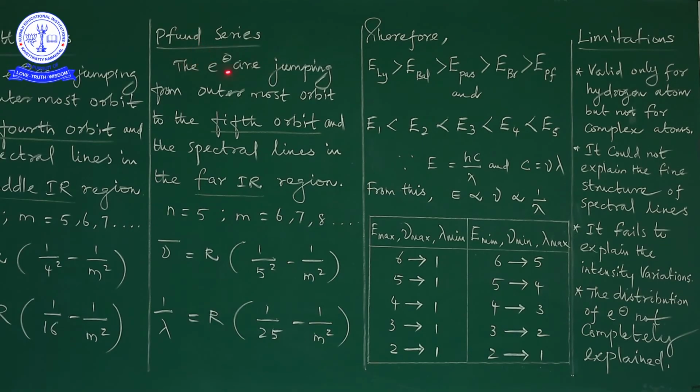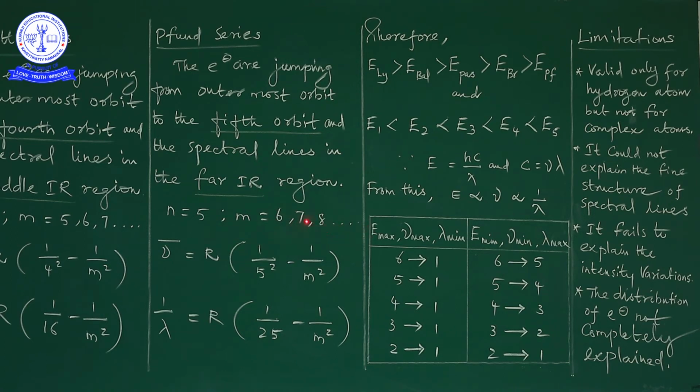Next, the Pfund series. Pfund series means the electrons are jumping from any of the outermost orbits to the fifth orbit, and the spectral lines are in the far infrared region. Far means we have to call it the distant infrared region. So the value of n is 5 and m is replaced by 6, 7, 8 like that.